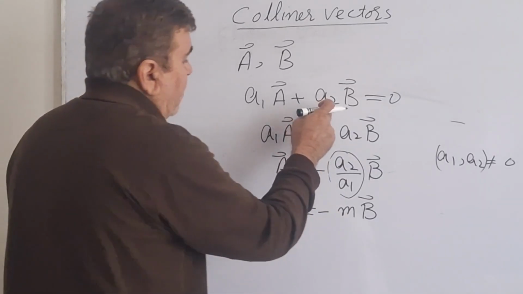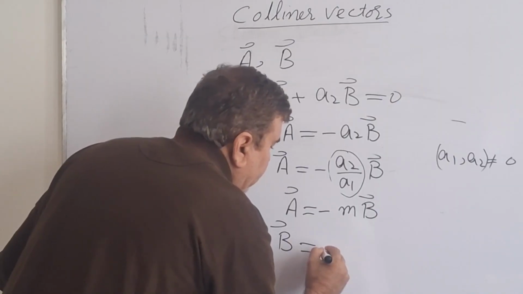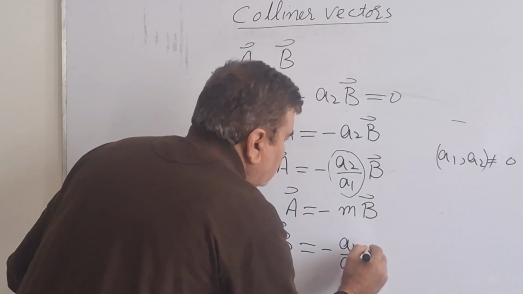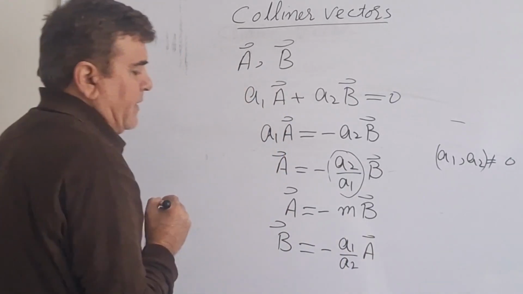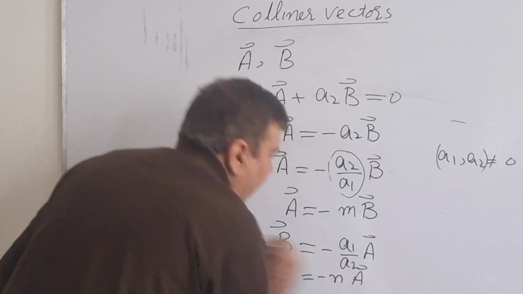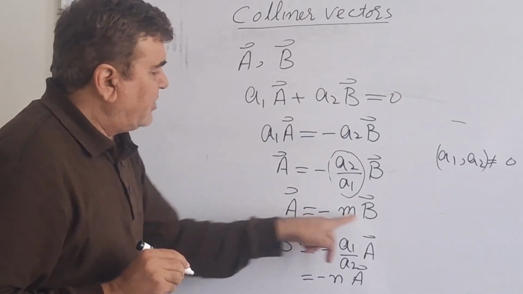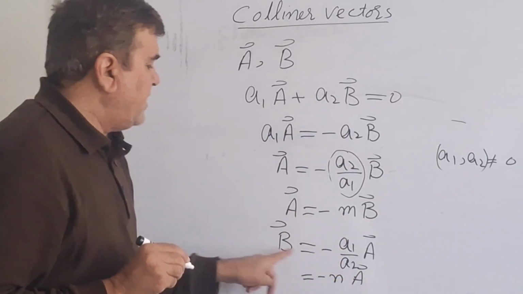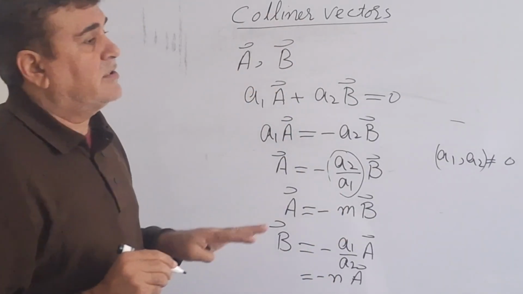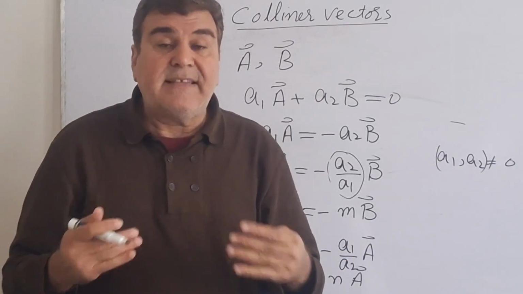In a similar manner, from this I can write B equals minus A1 divided by A2 times A, or I can express this as minus M times A. So we can express A in terms of B, and we can express B in terms of A. When that's the situation, we say the two vectors are collinear, or they are lying on the same line.